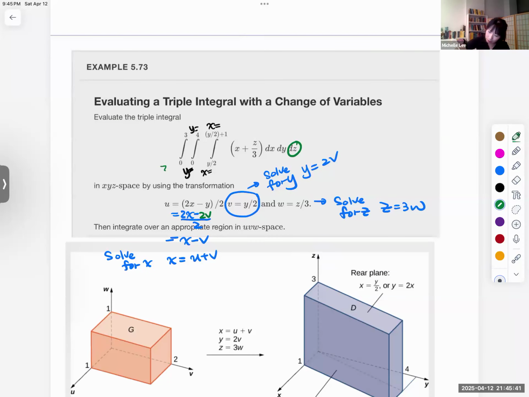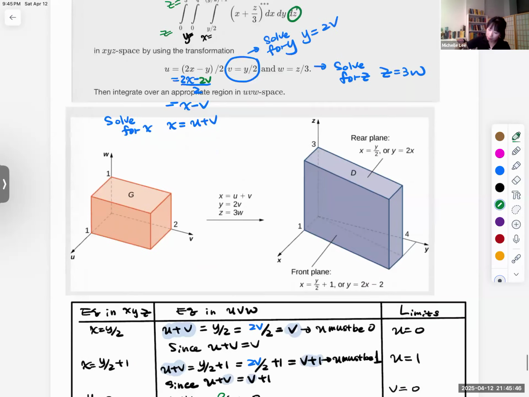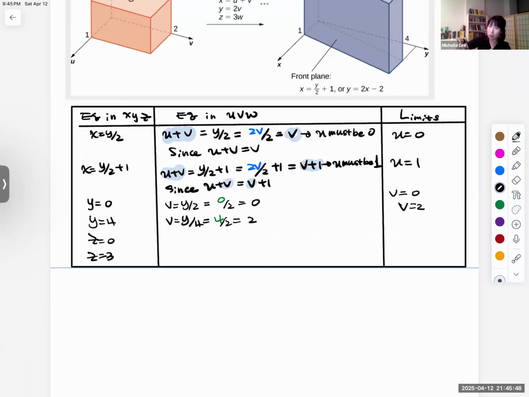I am rushing. This is the last question this way, all right? So z equal to 0 to 3.